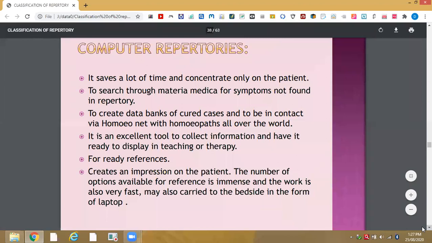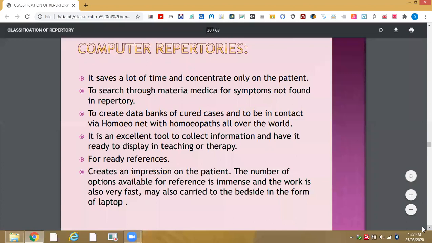Then computer repertories, how are these repertories helpful, how are they important for us. It saves a lot of time and we concentrate only on the patient. So nowadays many physicians prefer the computer repertories because it saves a lot of time.